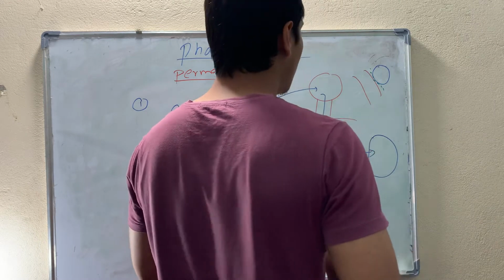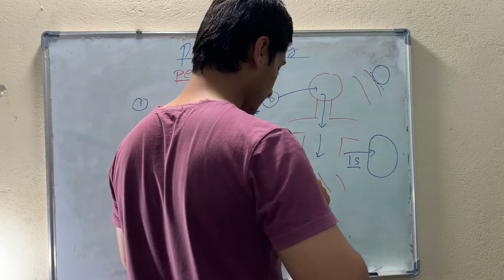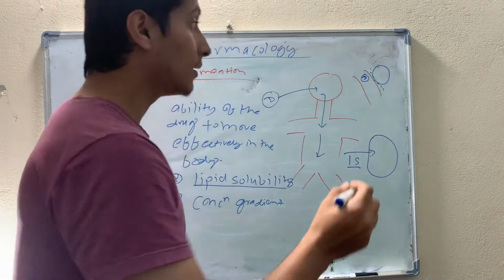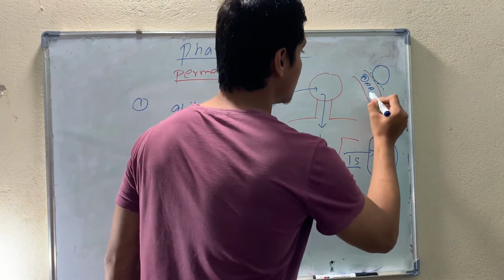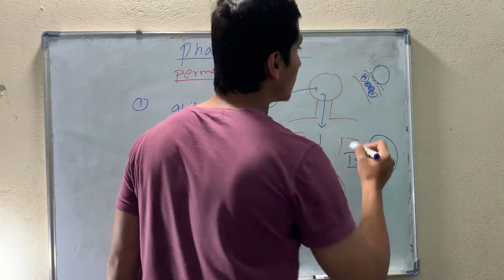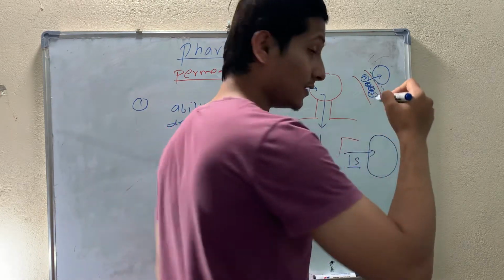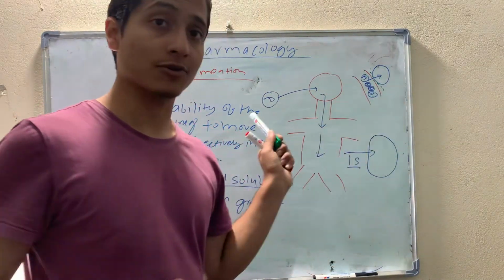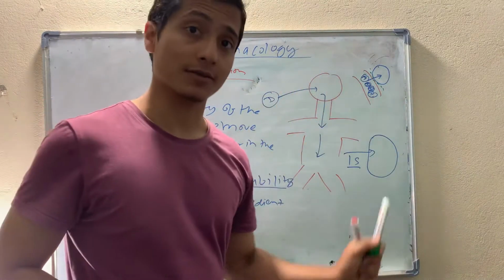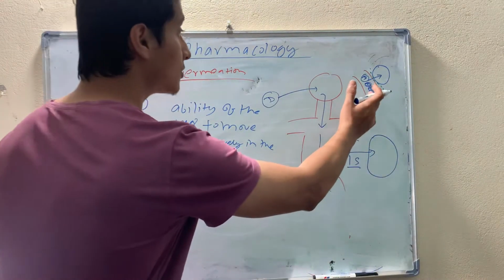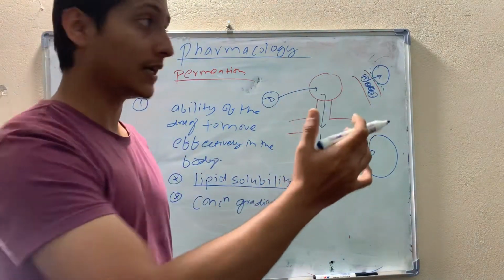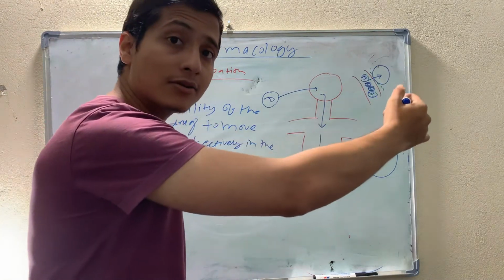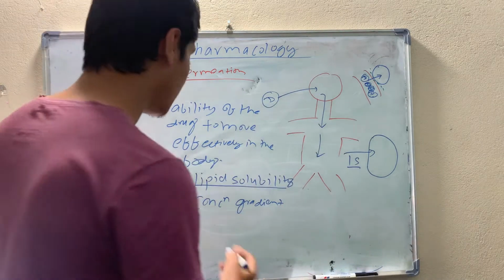If this is a drug, then the more the concentration of the drug is in the plasma, the more easily the drug gets diffused into the cell. This is the effect of concentration gradient in permeation, the ability of the drug to move across the body. The more concentration of the drug in the plasma, the more effectively the drug moves into the cell.